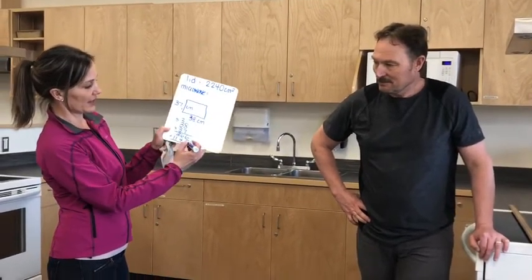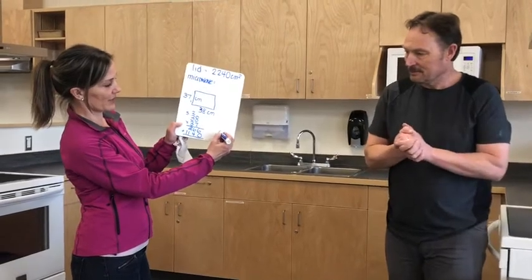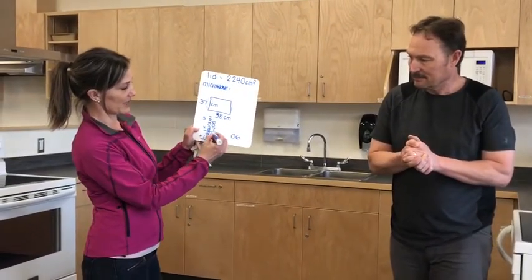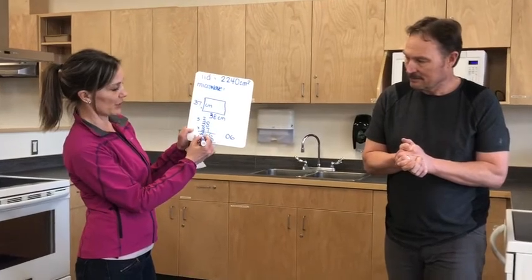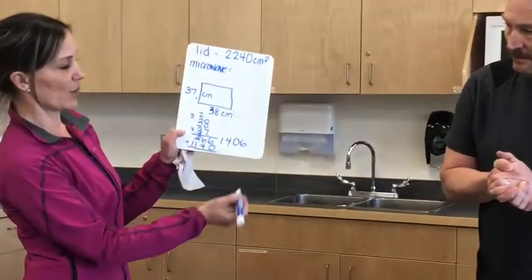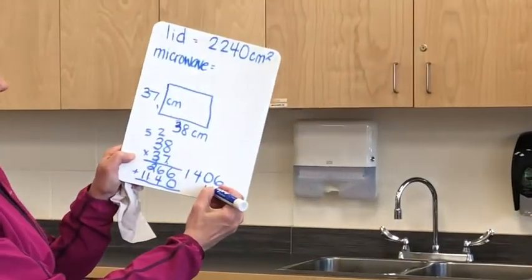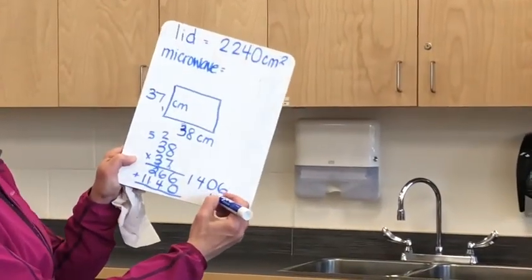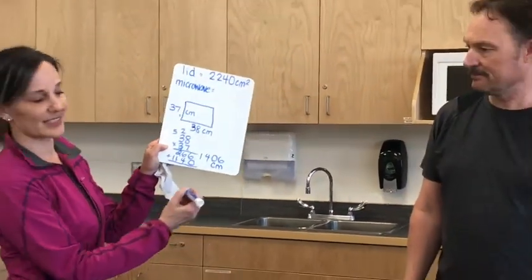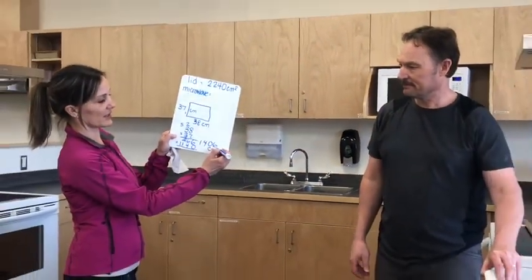Add it all together. I'm going to do my answer over here. 6. 6 plus 4 is 10. Keep the 0, carry the 1. 2, 3, 4. And 1. The microwave has an area of 1,406 centimeters squared with that little floating tube.